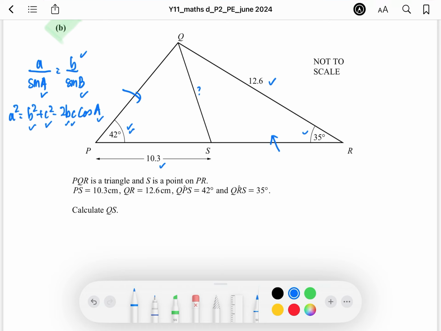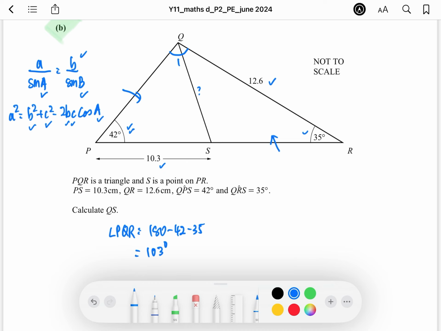With the two angles that are given, we can look at the bigger triangle. You have the 42, 35. That means we can find the angle here. So angle PQR is equal to 180 minus 42 minus 35. We are just trying out, to see if it will help us in getting our unknown side or unknown angle to find QS, because we don't have enough data to substitute into the formula.